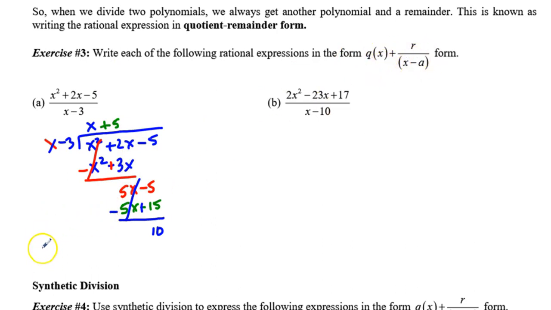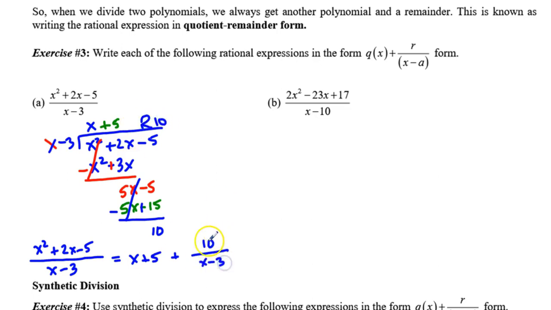So I've got my original expression equals a quotient plus a remainder. Okay, so that's our answer to part A. Why don't you try part B? Play the recording when you're ready.